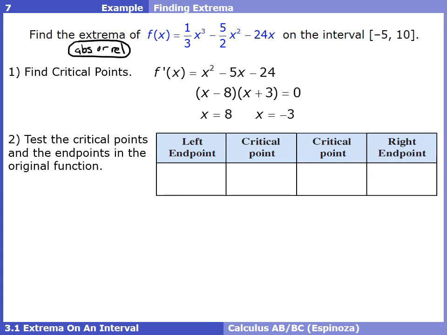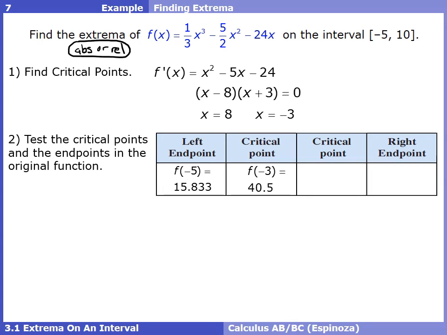We're going to look at the left endpoint, the two critical points, and our right endpoint. Without going through the details of showing the numbers being plugged in, all we're doing is taking, in this case, the -5 and plugging it into our original function, not the derivative, our original function. If you do that, you'll get 15.833. We can test our two critical points next.